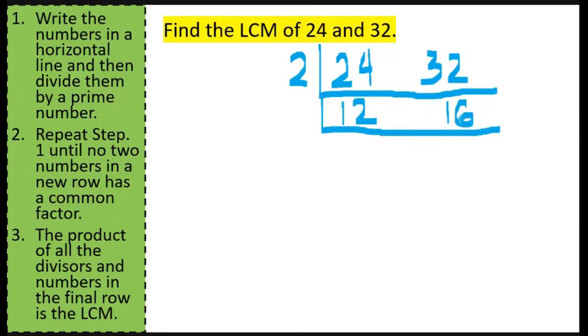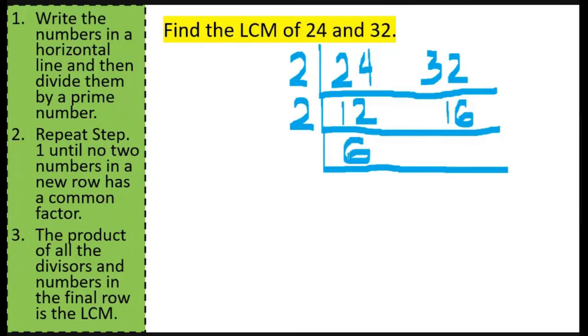Okay. Same procedure. Number divisible by both 12 and 16. That is 2. Your answer is 2. So we're going to divide. 12 divided by 2 is 6.